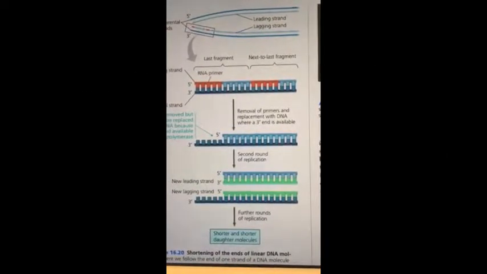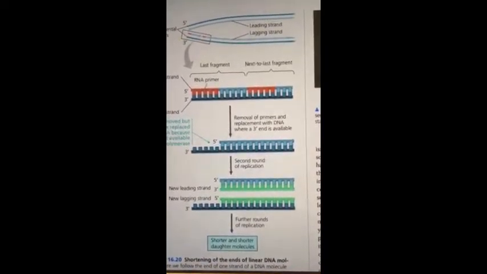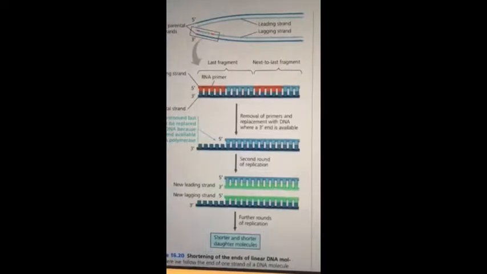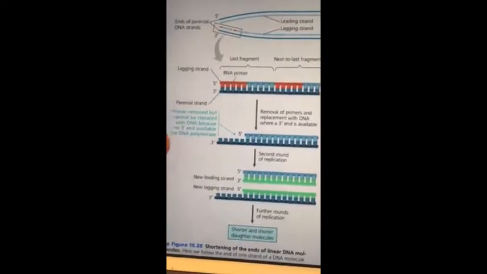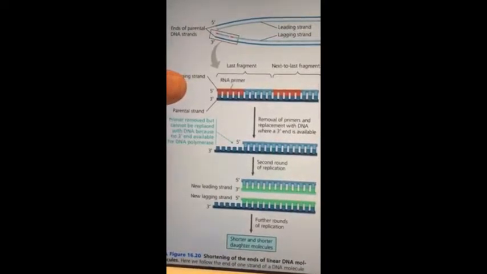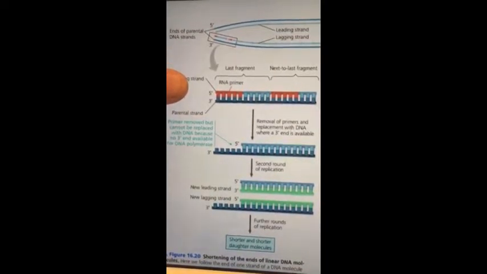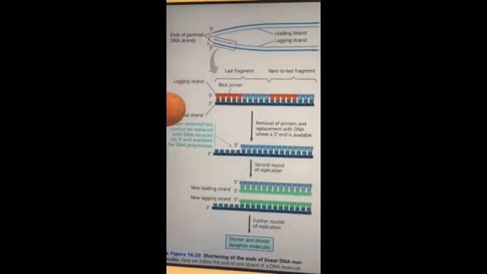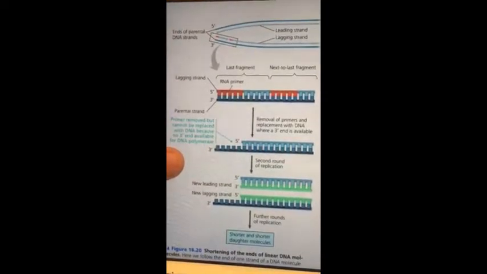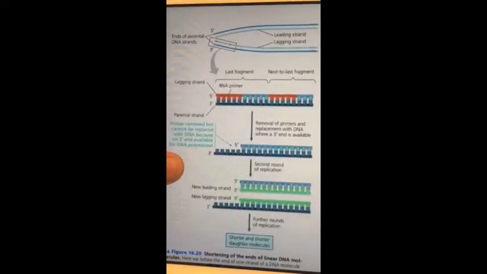So the reason why linear DNA shortens with each copy is that if you look, there's an RNA primer on the 5' end which can be removed, but it can't be replaced with DNA because there's no such thing as a DNA polymerase that can attach to the 3' end of the DNA strand.